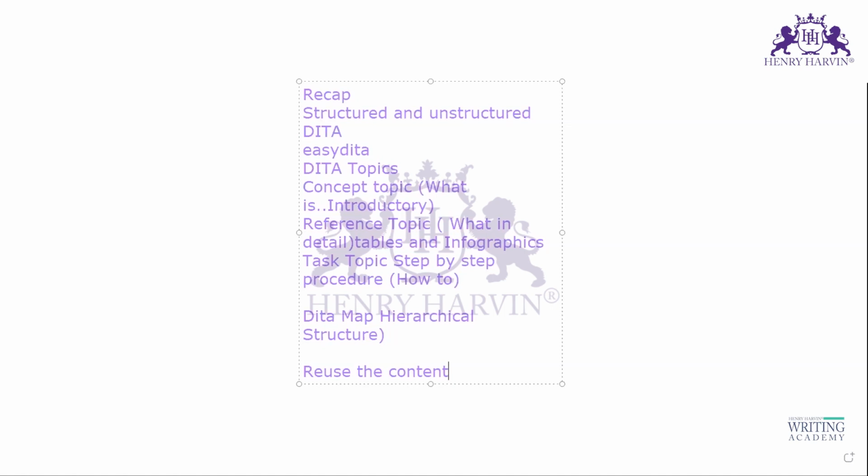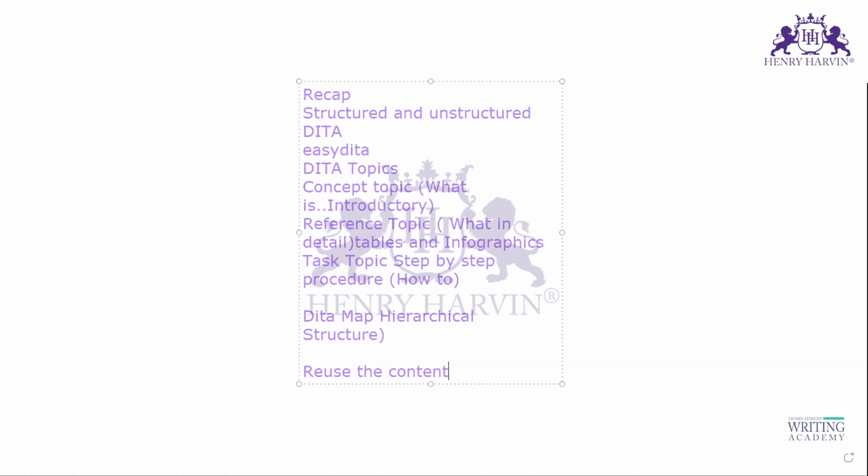Suppose you want only that particular topic, you can just use it in your new file. That's why we create it in blocks, so that you can take one block and create your own document if you want. If changes have to be made, they will be made globally. If you want some changes, you can edit the main file, and all the files that are linked with it will automatically be updated.